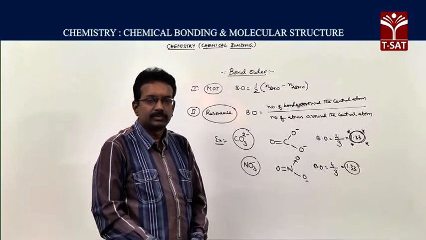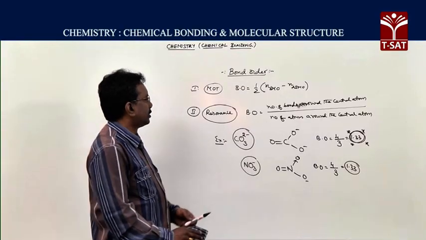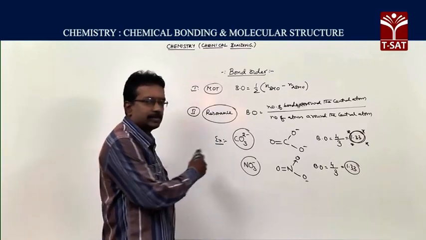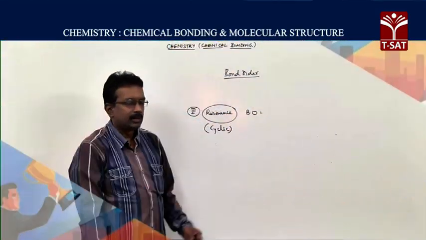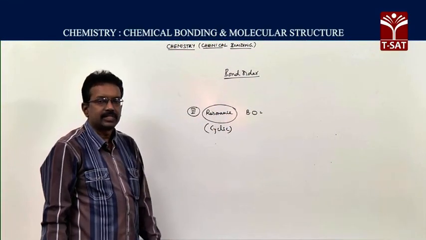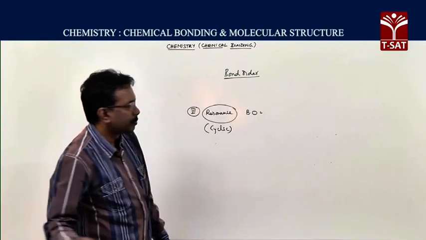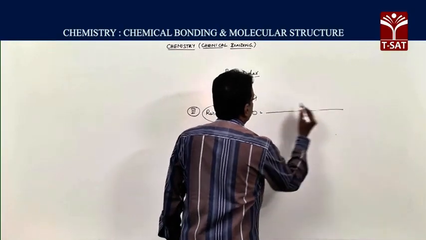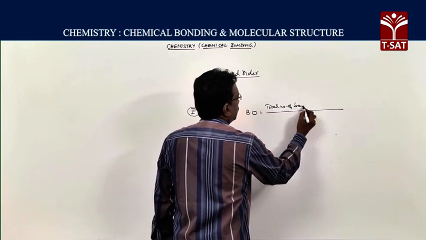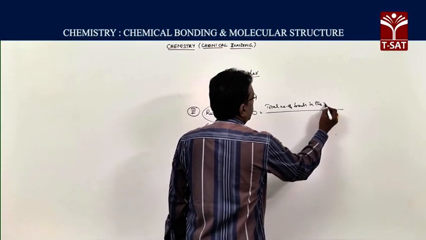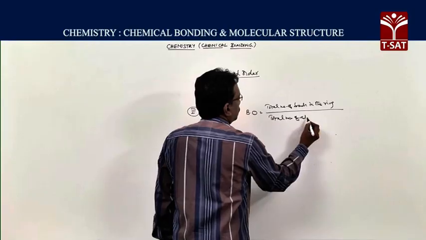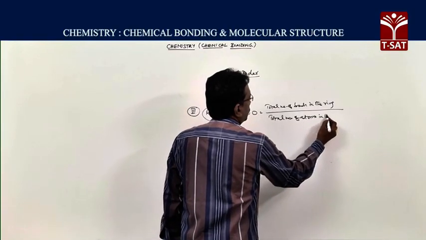So, in case of cyclic structures having resonating structures, I am giving one more expression now. For cyclic compounds containing resonating structures, bond order is equal to total number of bonds in the ring by total number of atoms in the ring.